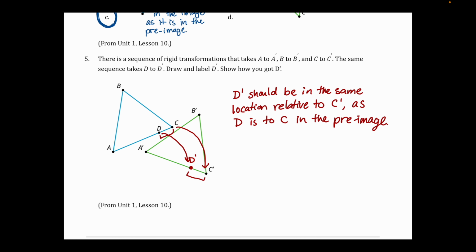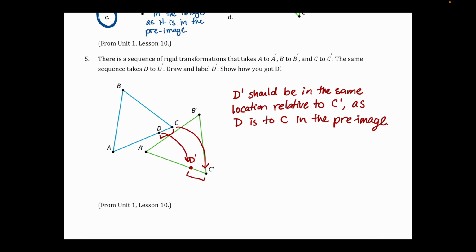Basically, since no parts of this shape should really be stretched or anything like that, I'm going to have D on this side of my triangle, which is AC, and it's going to be that same distance from C. So on my new triangle in my image here, which is A prime C prime for this segment, D prime should be that same distance away and lie on that same segment.